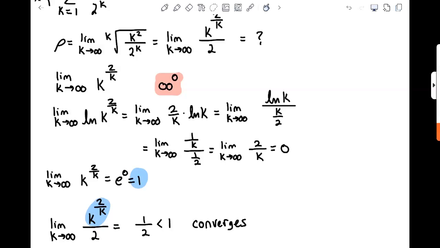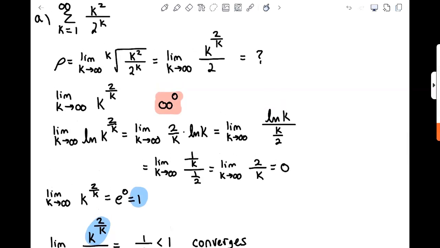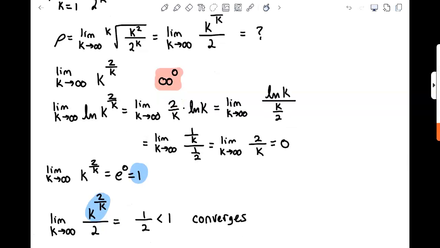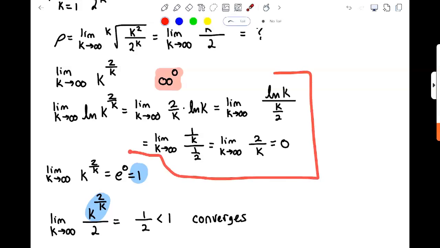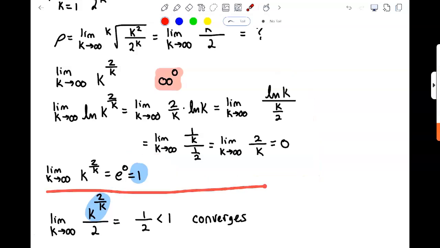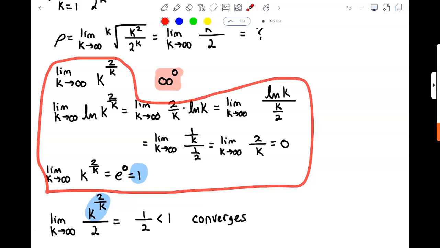And you can judge for yourself whether you think this would have been better with the ratio test or with the root test. Here, we did have this extra work that made our root test a lot longer, having to work out that limit as k goes to infinity of k to the 2 over k.